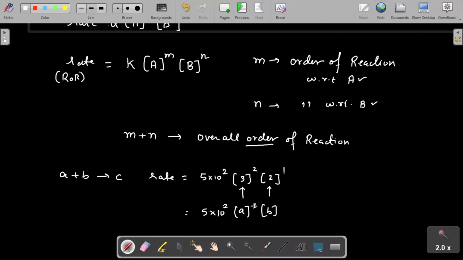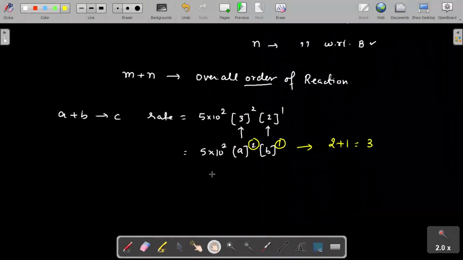They will ask what is the order of reaction. The order of reaction is nothing but the sum of the powers, 2 and 1. So the order of reaction for this reaction is 2 plus 1, which is equal to 3.